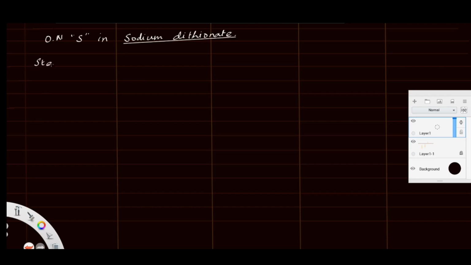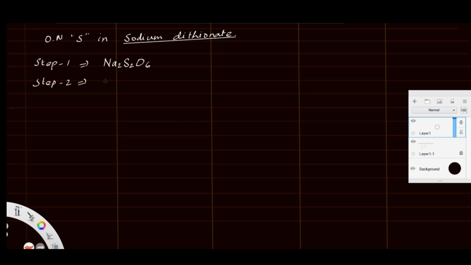In step 1, we write the correct formula of Na2S2O6. Step 2, we assign the correct structure.